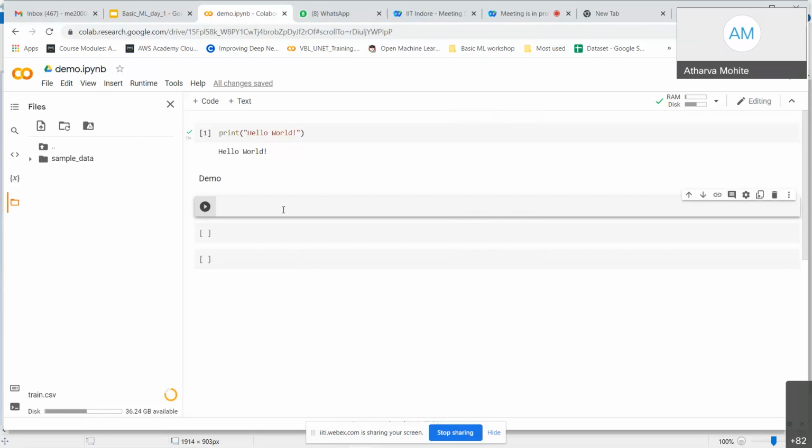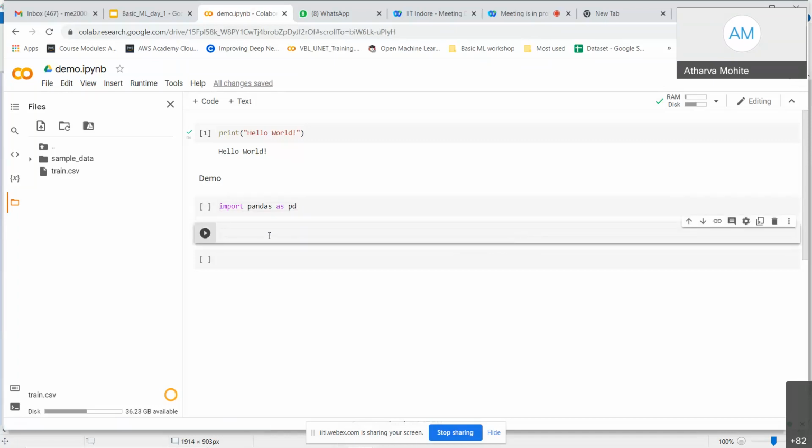Meanwhile, we can import the libraries needed to work with these CSV files. So we will import the basic libraries. One is pandas, and we will call it as pd. So whenever we use this library to call the function, we will use pd instead of pandas. Now we can read the CSV file using the read function of pandas.